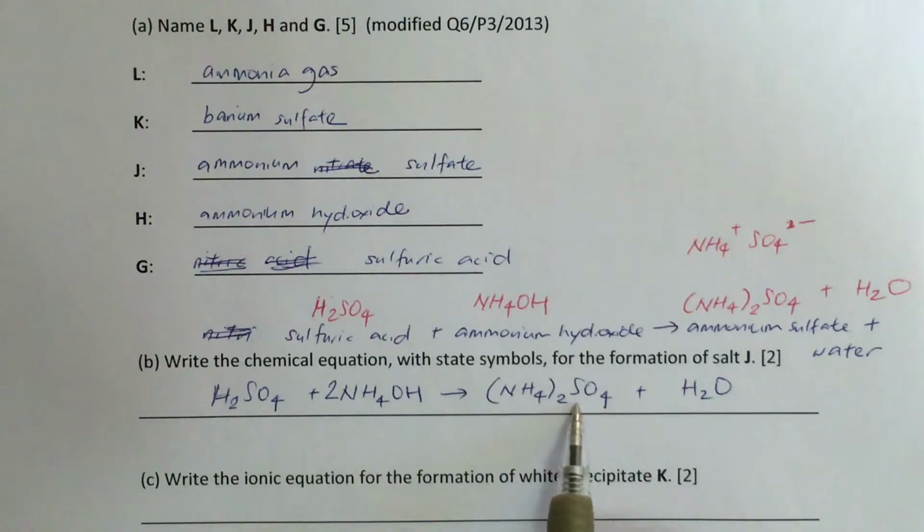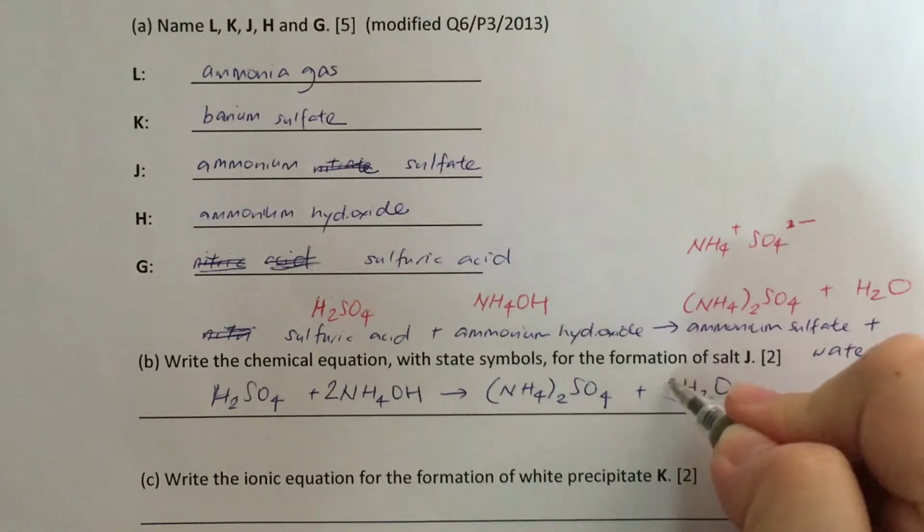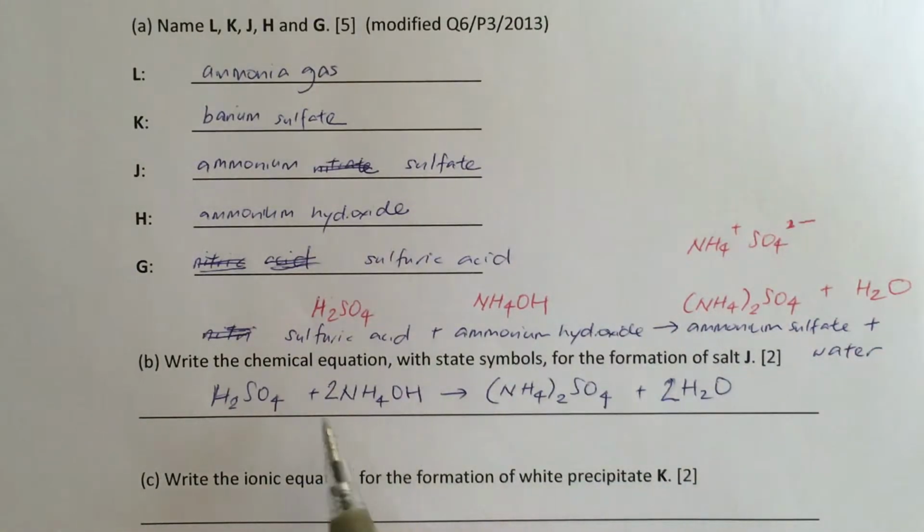Then if you count everything else, you will find that the hydrogen is not balanced. On the left-hand side there is more hydrogen because of the number 2 in front of ammonium hydroxide. So we need to add hydrogen on the right. We need to put a 2 in front of water, H2O, so we can balance out the hydrogen.